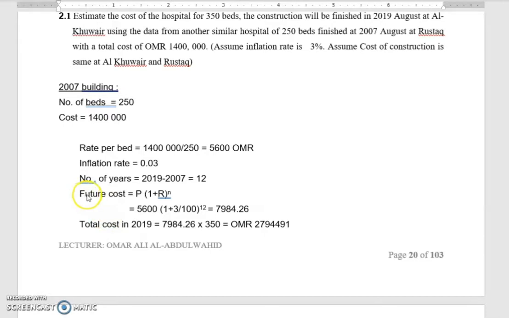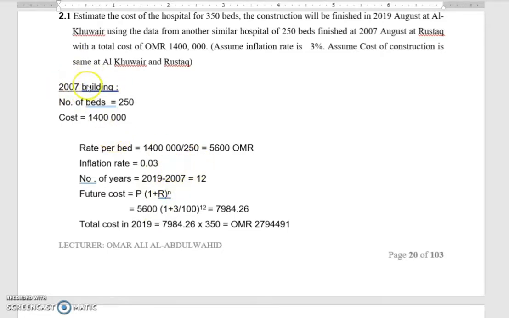So we have this formula: the future cost equals the present cost times (1 plus R) to the power of N, where R is the interest rate and N is the number of years. If we want to know the future cost in 2019, the present cost is the rate of 2007.